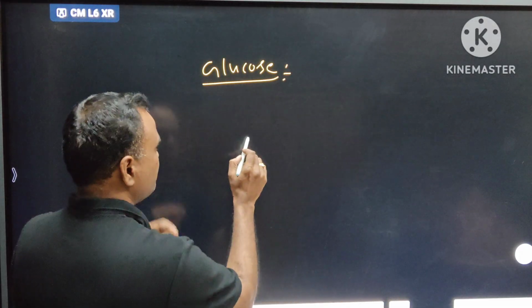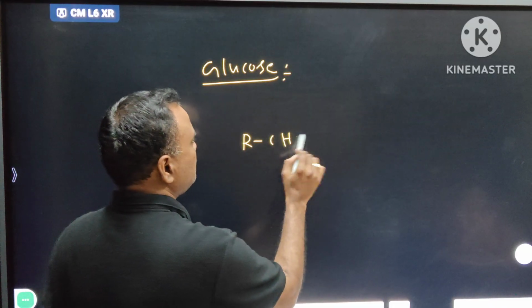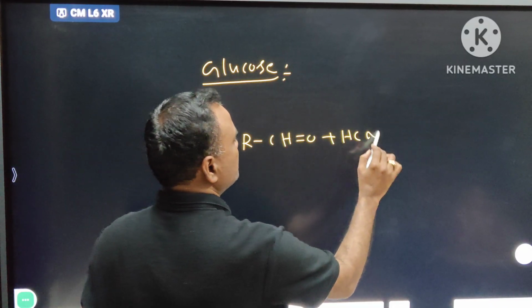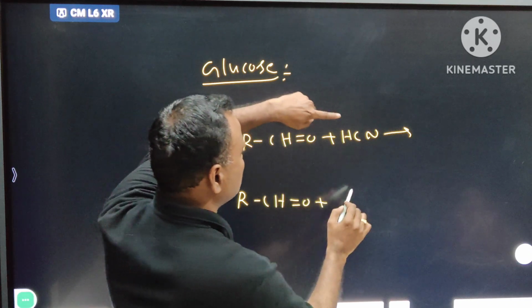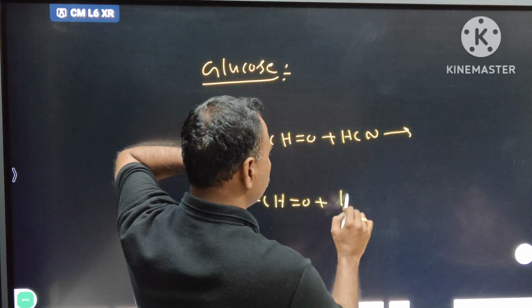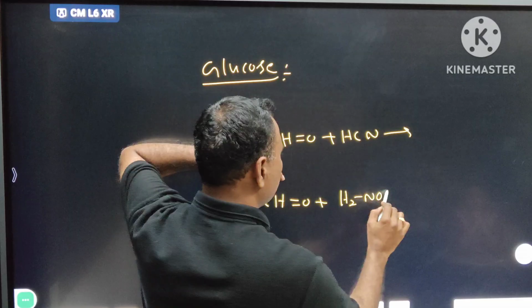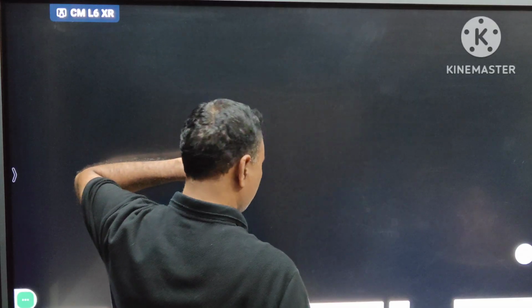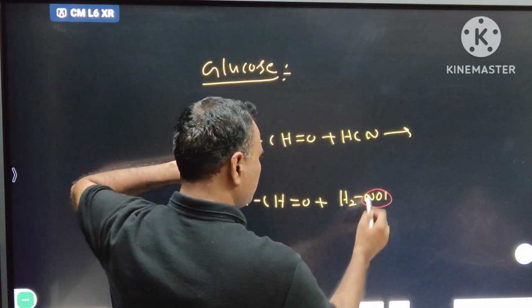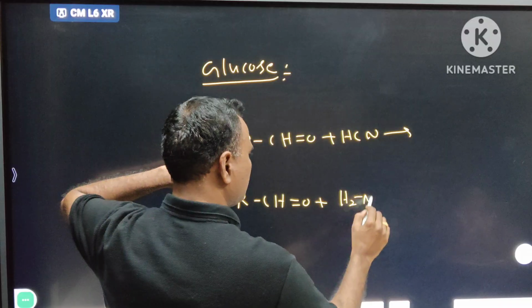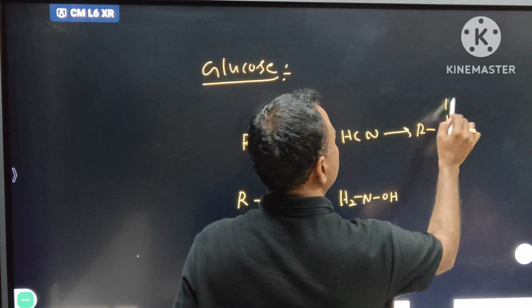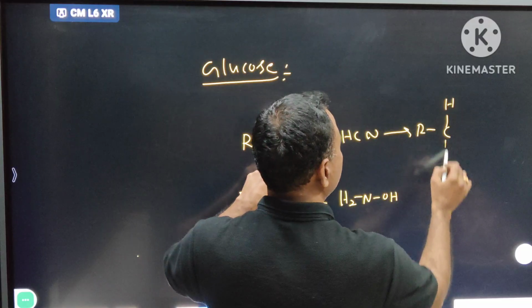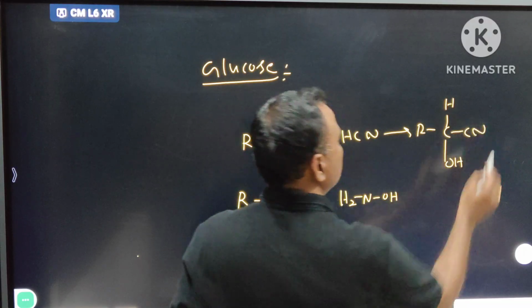See this. I am giving one simple reaction, with HCN. What is the product here? What is the name of the compound? Cyanohydrin. Correct or no? Cyanohydrin, RCHOHCN.